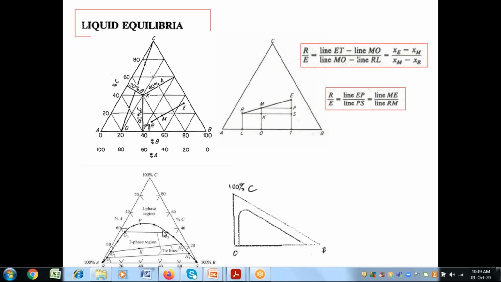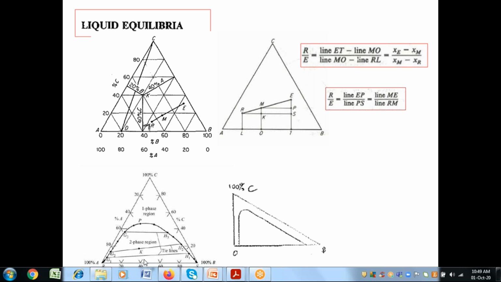So you have such binodal curves for different systems. You can't say that all the binodal curves will be like this. Some binodal curves will have different structures and different loop areas. So this is having this much of loop area, and it is having so many tie lines.